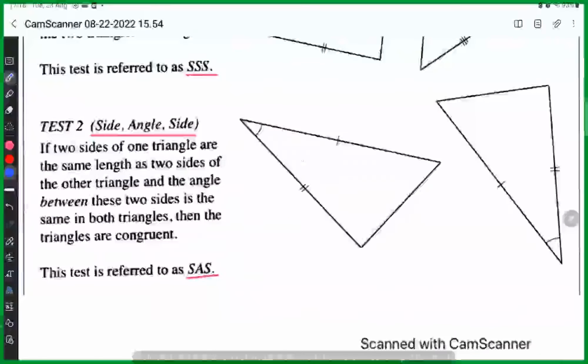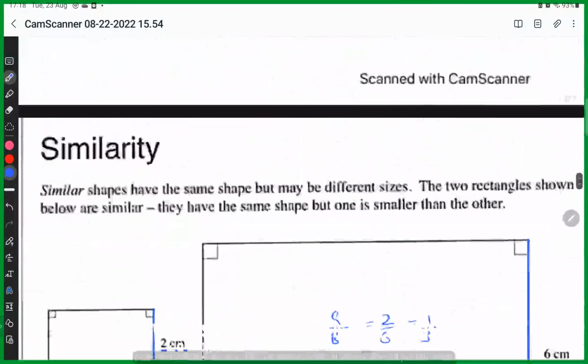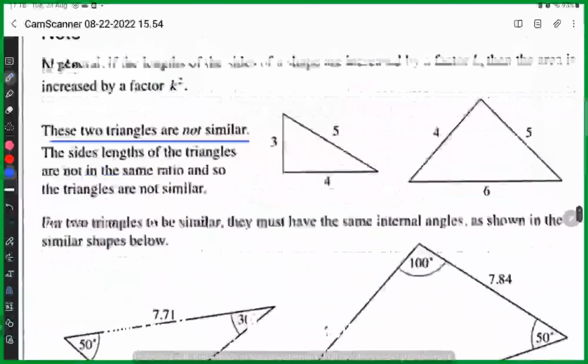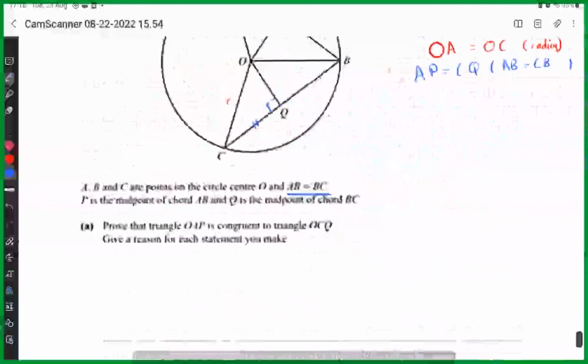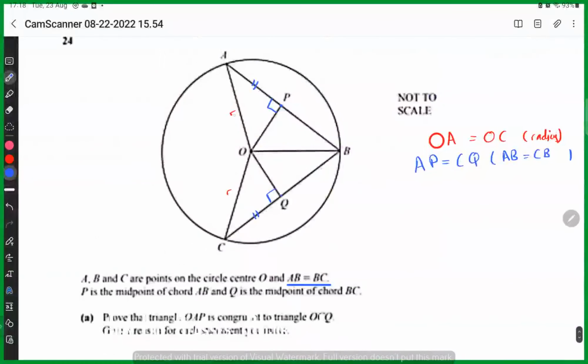Let's see if this can be used in our case or not. We'll have to check that first. Side, angle, side. What is happening in our case? We have a side, and then we have this angle. So side, angle, side would have meant that this angle and this angle must be same, right? This is what side, angle, side would have meant. So this means that we cannot use this property, although we know that the angles would be same.